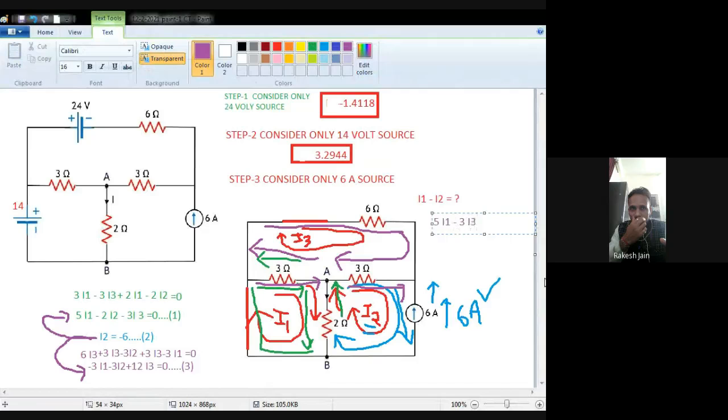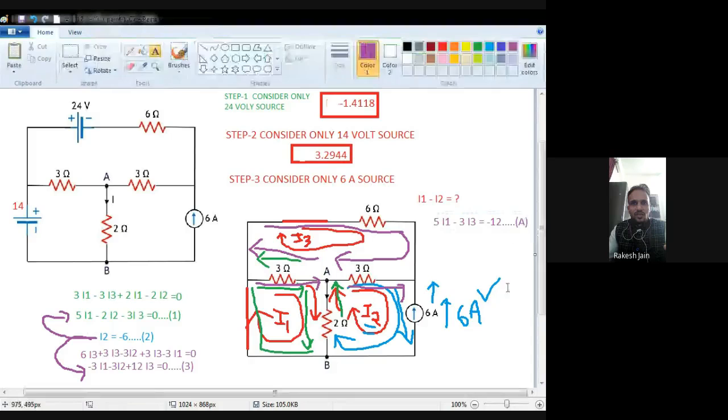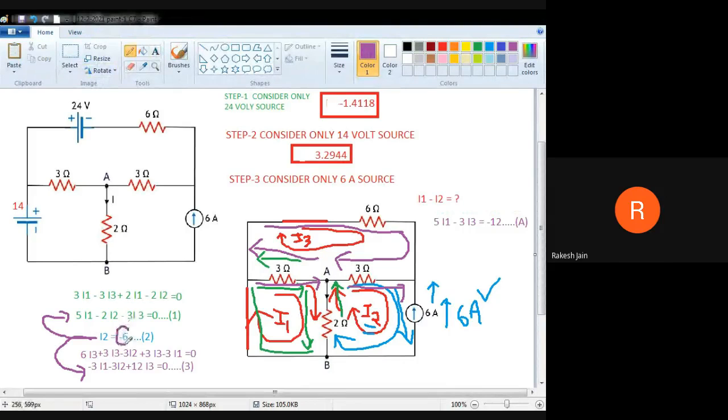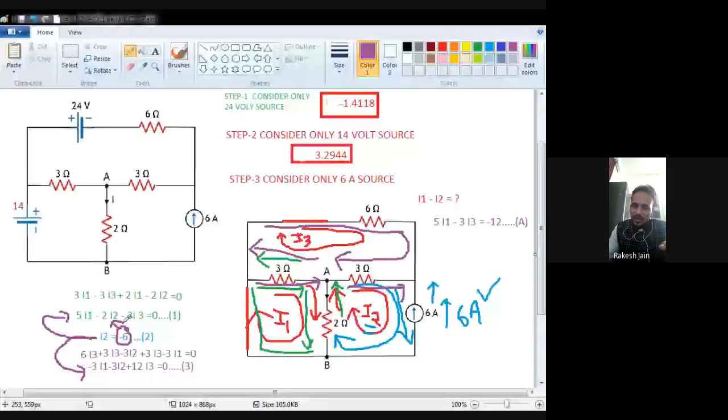It means the second mesh current is I2 according to you, and according to the question, it is directly given as 6 ampere. It means I2 is 6 ampere, but positive or negative? For this we check our direction and the direction of the 6. Both are opposite. So I2 is equal to minus 6 ampere.